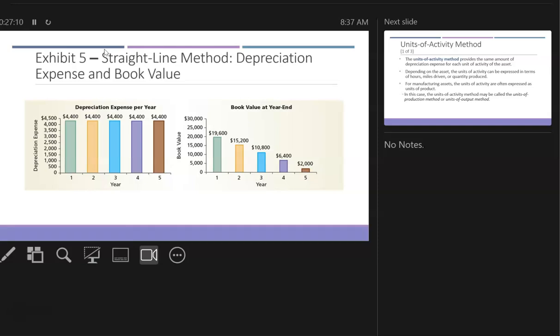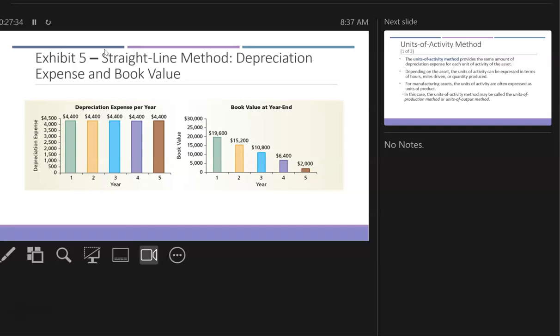At the end of year three, our book value is $10,800. At the end of year four, it's $6,400. And do you see at the end of year five, the book value is what our residual value is? Because we're not going to depreciate it below that residual value.